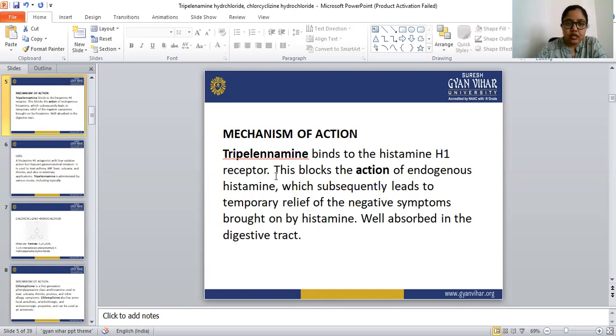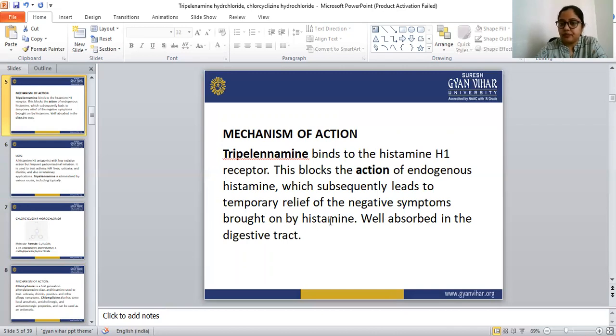When we take this medicine, it binds to the histamine H1 receptors in our body, and that blocks the action of endogenous histamine, which subsequently leads to temporary relief of the negative symptoms brought on by histamine.